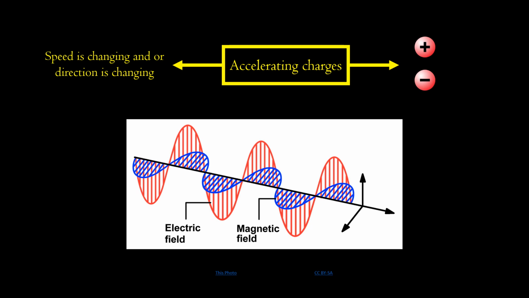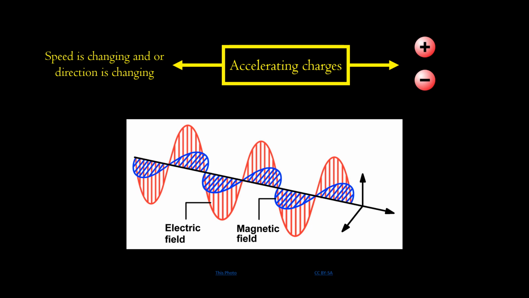You will notice that an electromagnetic wave is made of an electric field and a magnetic field, hence electromagnetic wave. These two fields are always perpendicular to each other and to the direction of propagation.